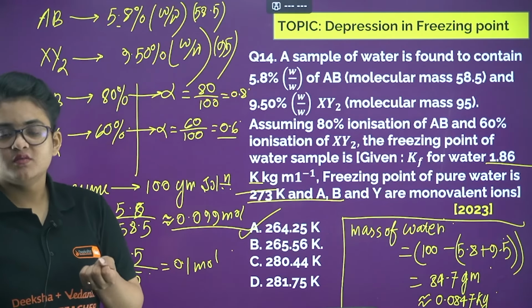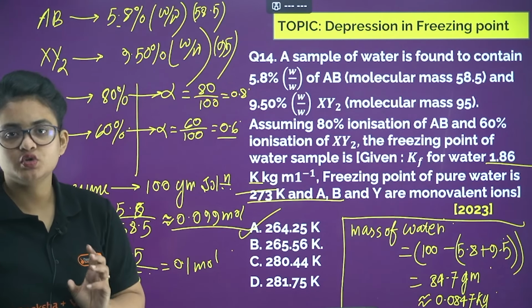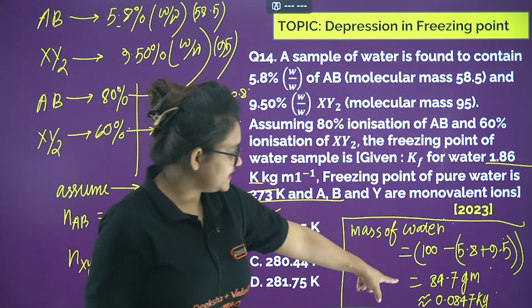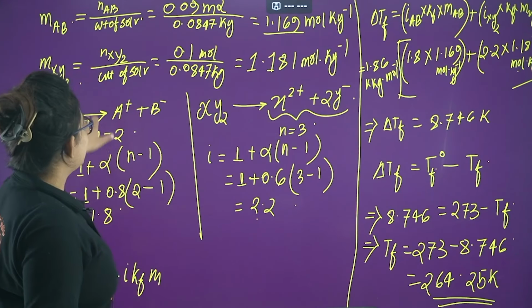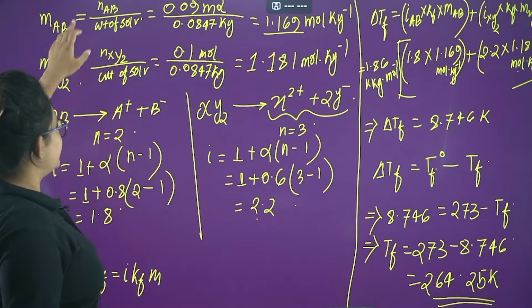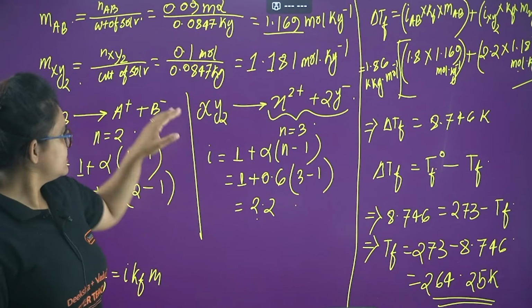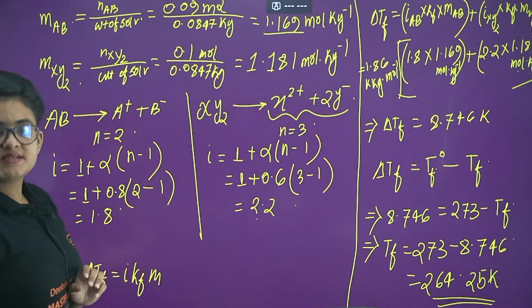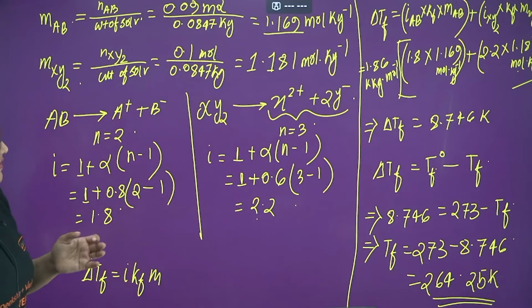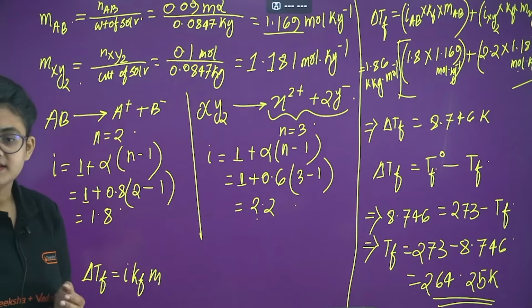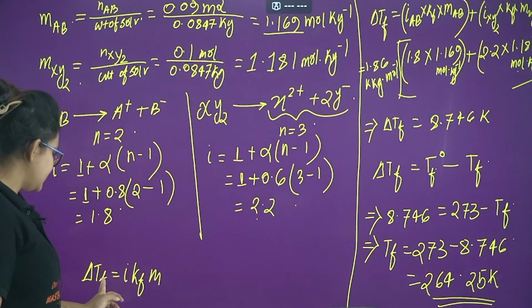The solution weight minus the solute weight, right? Now you can see I calculated the molality of AB and XY2 individually, number of moles divided by the mass of solvent.